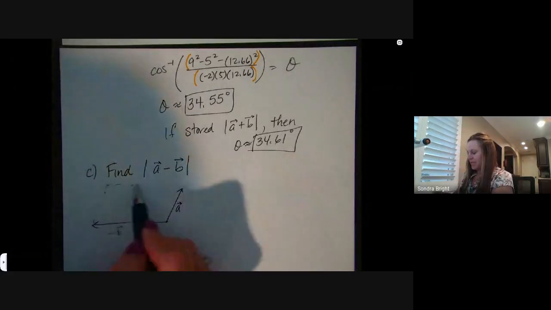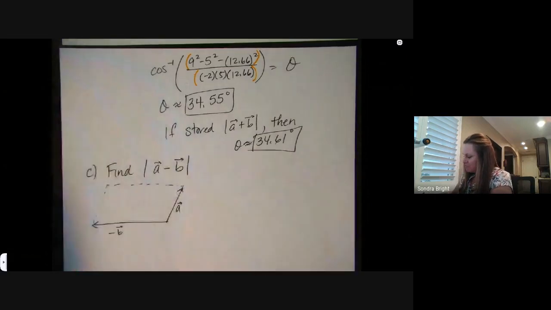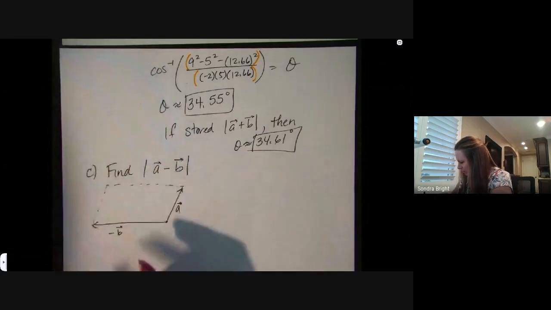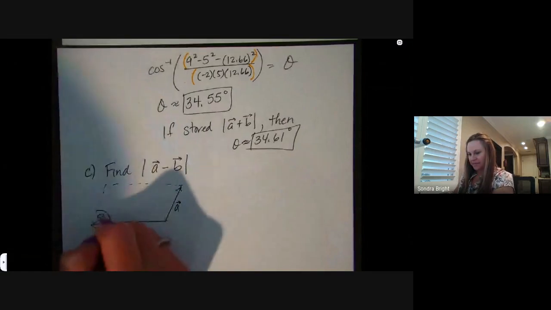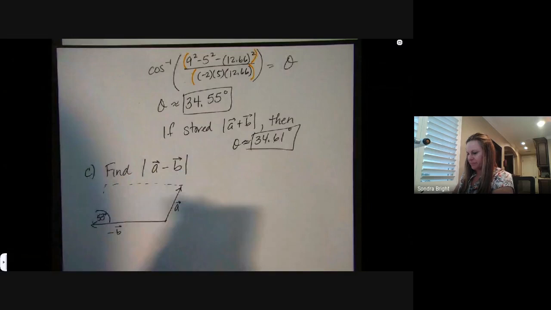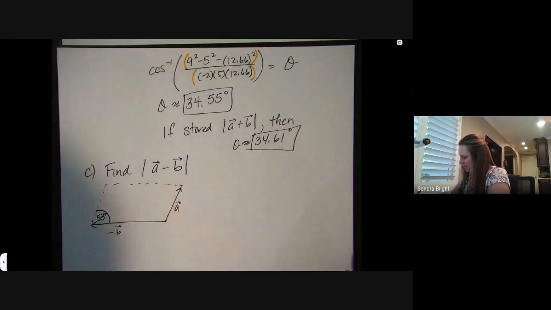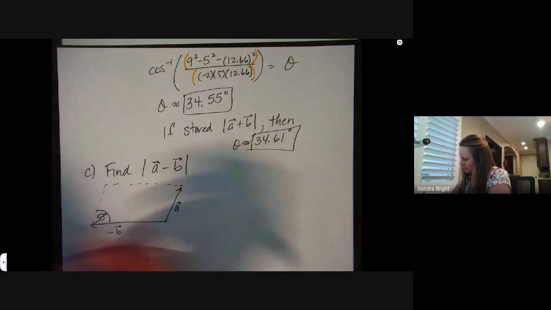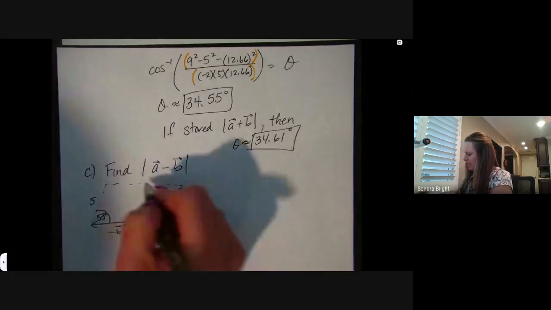And remember, they gave us that between A and B, this angle right here was 53 degrees. And side A was length 5, so that's 5, and that's 9, and so this is 9 also.